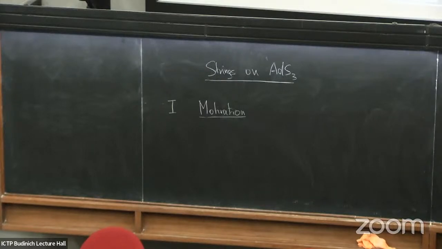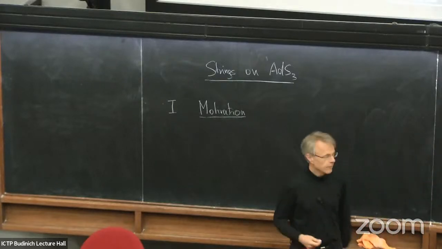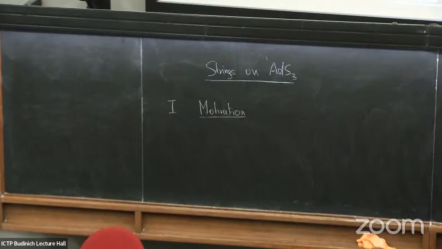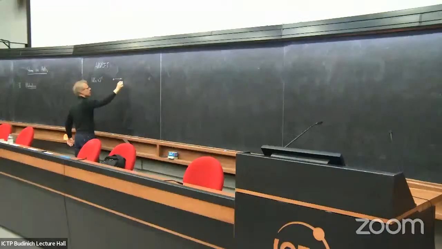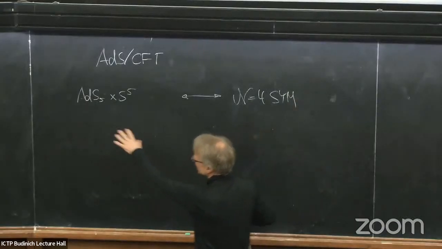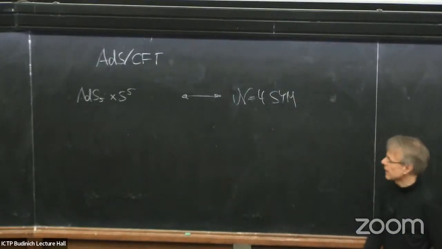Let's review from a 30,000-foot perspective how it works, and concentrate on the most familiar case, which is superstrings on AdS5 × S5 being dual to N=4 super Yang-Mills. This is not AdS3, but we'll get to AdS3 in a second.